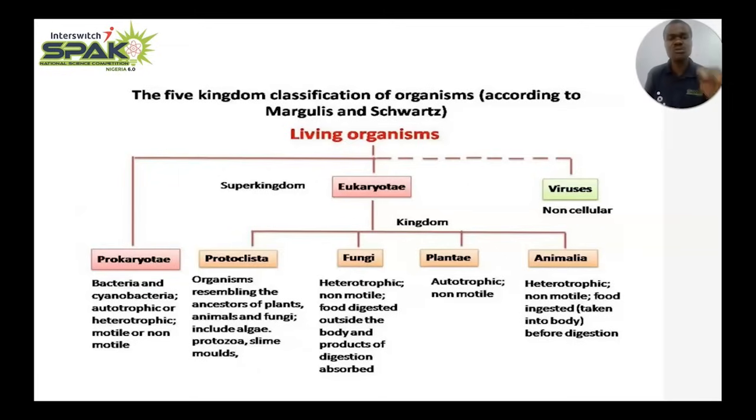Of course, under the 2 kingdom classification, the kingdom Fungi was formerly placed in the kingdom Plantae until they were discovered to be non-green plants, and they do not carry out photosynthesis. They cannot manufacture their own food.